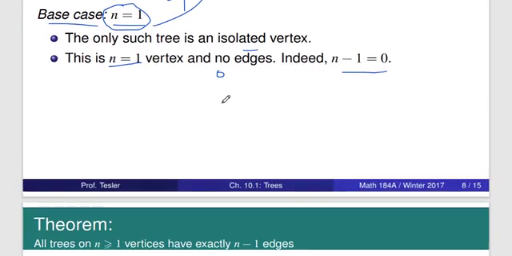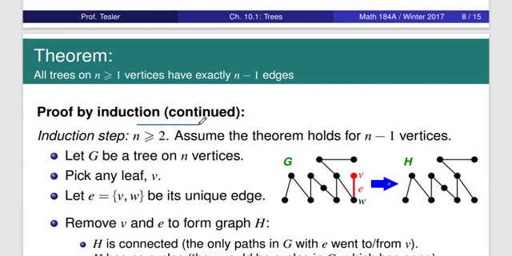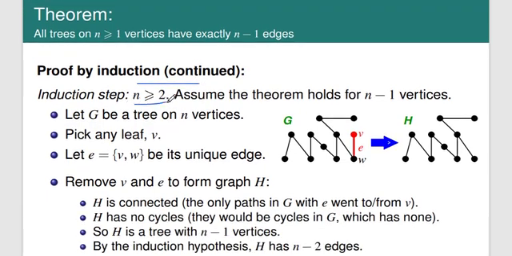Okay, let's now find the second step: for n greater than or equal to 2, assume that the theory holds for n minus 1 vertices. It's true. In induction theory we have to assume that for n minus 1 vertices this theorem is true. So for n minus 1 vertices, we have n minus 2 edges.